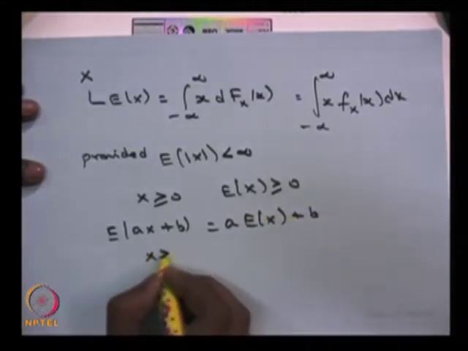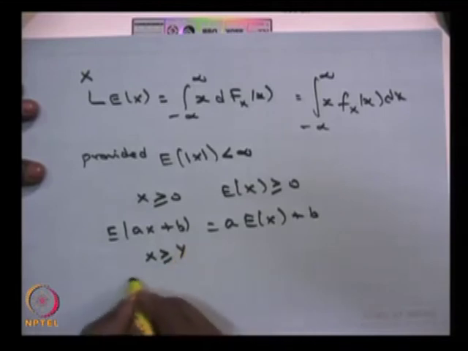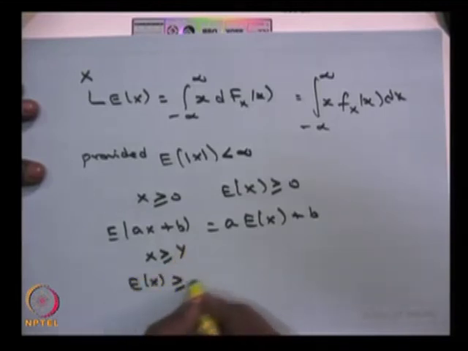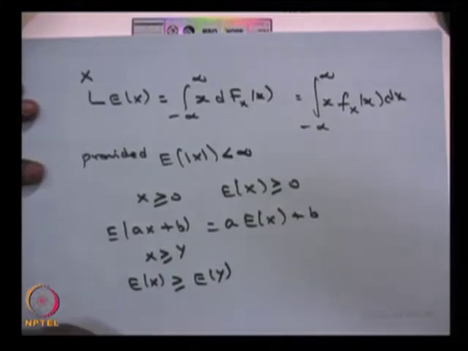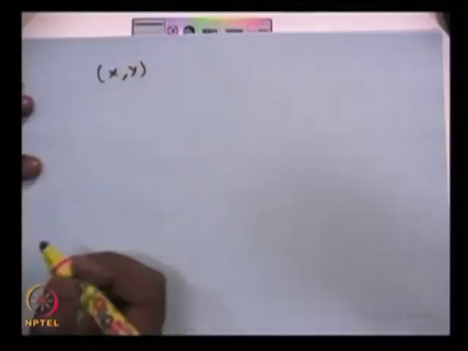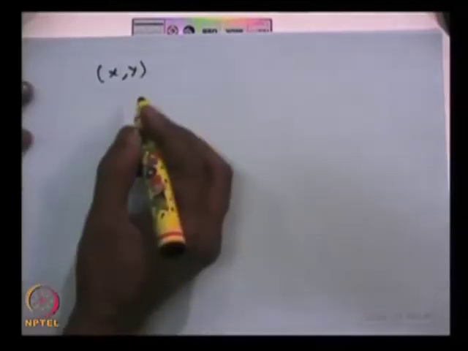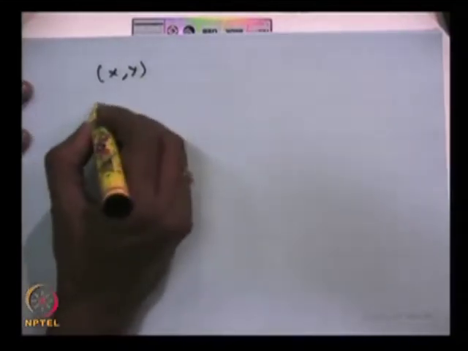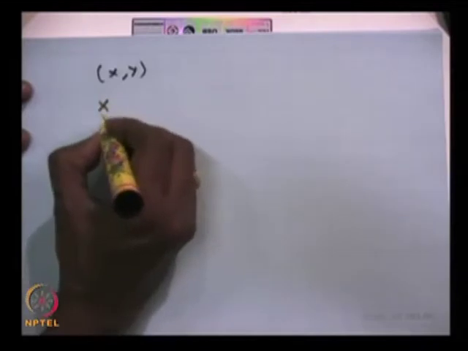If you have two random variables, then the expectation of x is greater than or equal to expectation of y. So now, since we have more random variables, we are going to discuss what else there is other than expectation. We can go for finding out the variance of the random variable also.